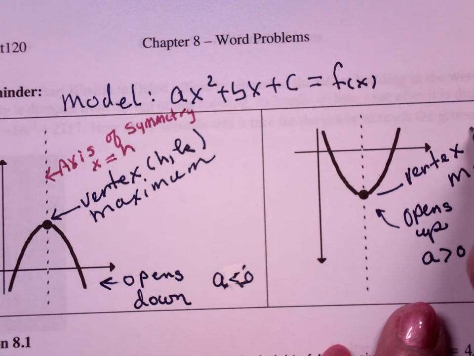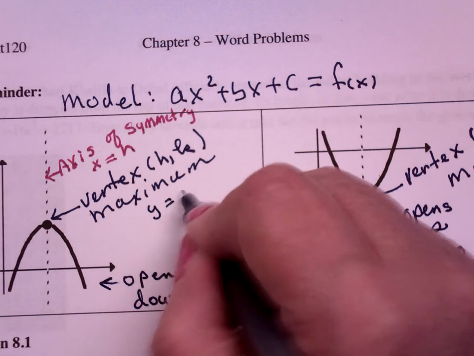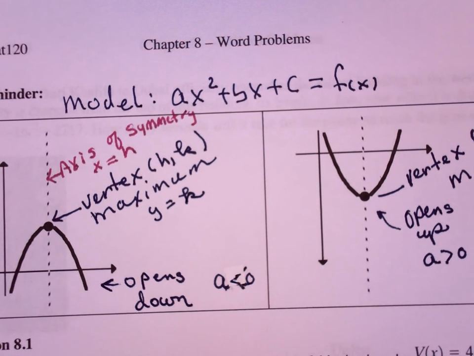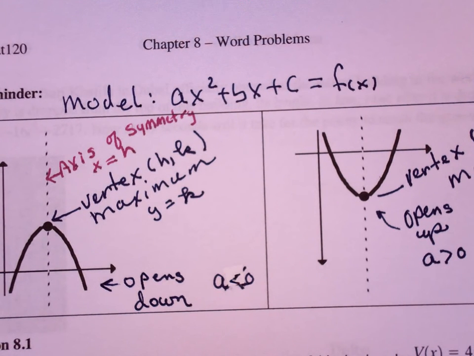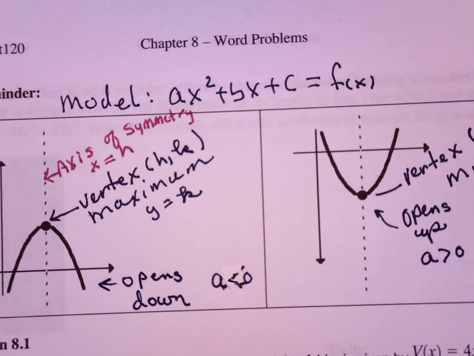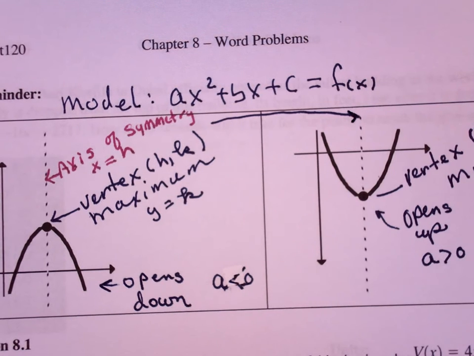Now remember, the vertex is h comma k, and the minimum is y equals k, just as the maximum would be y equals k. You can say it is at some x value, but when you're looking for a minimum or maximum in a word problem, it's going to be the y value. And of course, this is the axis of symmetry, and it's always x equals h.